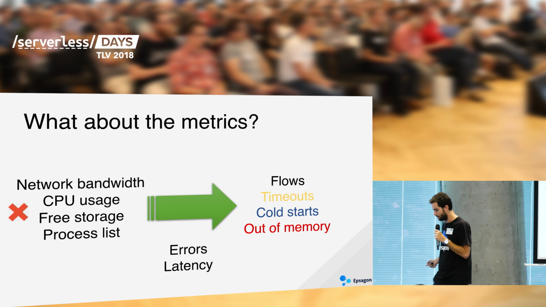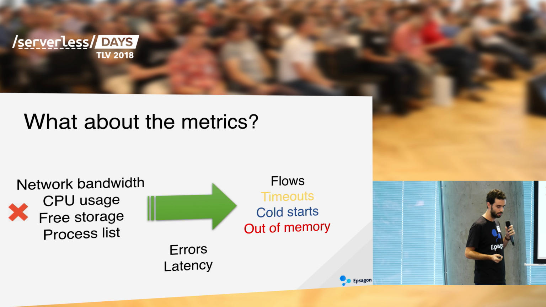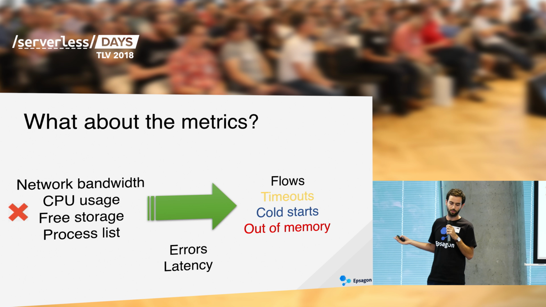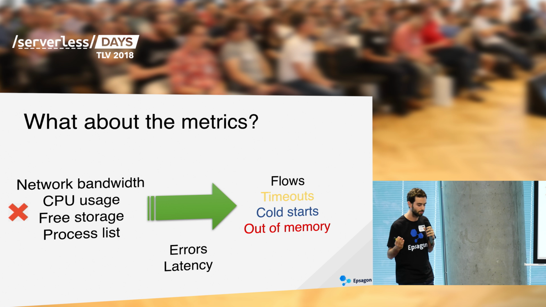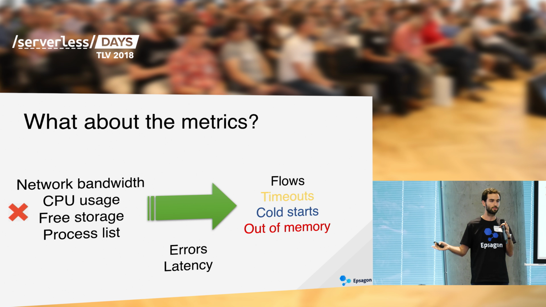Other than that, the metrics that we look at when we're monitoring have changed as well. If we used to have a VM or server and we wanted to understand the network bandwidth or the CPU usage or the free storage, all these are obsolete nowadays. The things that really matter in serverless are flows, understanding what kind of resources are interacting with each other, or timeouts.